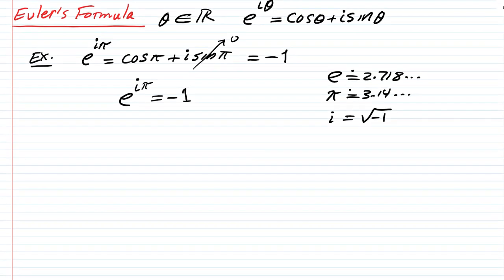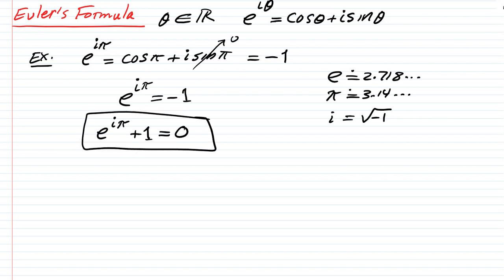Now if you move -1 to the left side, and this is the 5 numbers I was telling you about: e to the i pi plus 1 is equal to 0. Isn't that beautiful? That is so cool. The 5 numbers: e, i, pi, 1, and 0. That's the relationship between these 5 numbers.